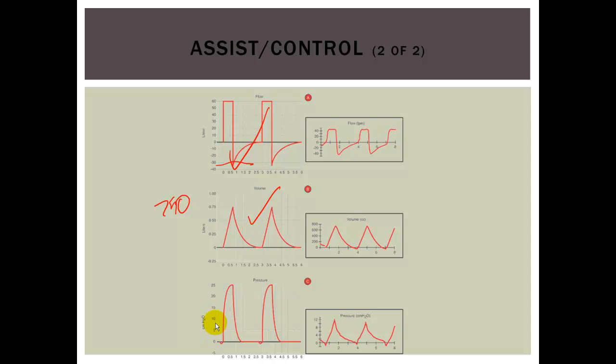And this is the amount of pressure in centimeters of water at the bottom. So each one of these graphs is assisted control. If we notice, the actual ventilations are nice and rhythmic, they're timed, and this is either assisting the patient in what they're doing if we've applied a pressure trigger, or it could take absolute control if we've set it to a specific rate.